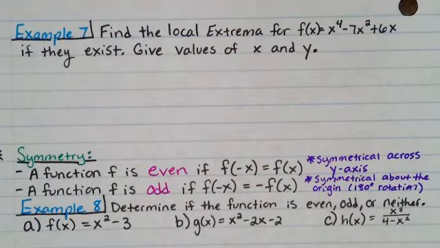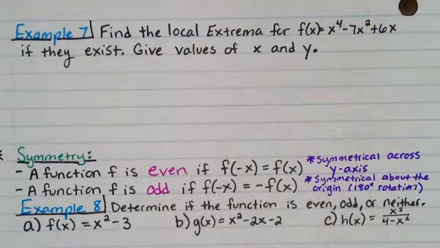So, y'all, there are going to be some times where you're going to be able to do this fine by hand. However, most of the time that's not the case. Most of the time it's going to be really ugly to try to do it by hand. So I'm going to encourage you to use your calculator on this one.